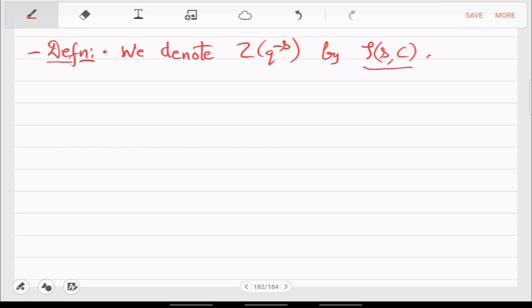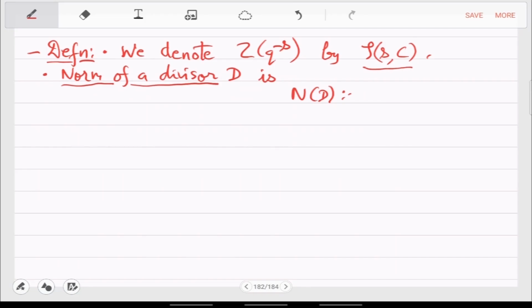Yeah, that's one thing, and the other thing is I want norms of a divisor. So the norm of a divisor will be defined as, remember you had this t raised to the degree of the divisor term.